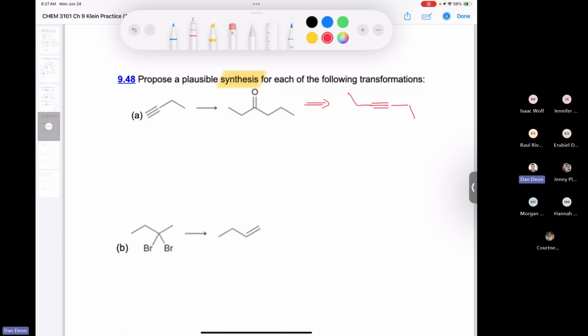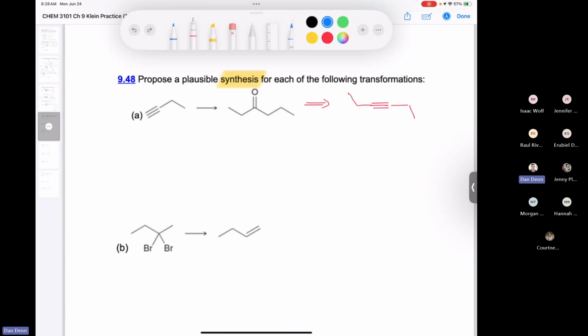Either way, there's no Markovnikov or anti-Markovnikov to speak of here, and so you could use hydroboration oxidation, or you could use sulfuric acid and water with mercuric sulfate. Well, the second one that I mentioned is only one step, whereas hydroboration oxidation is 2 steps. So I would choose sulfuric acid and water with mercury 2 sulfate, but either one would be completely fine.